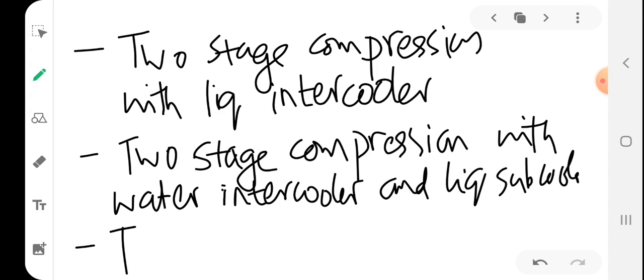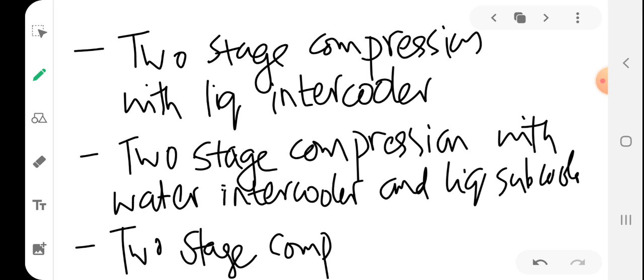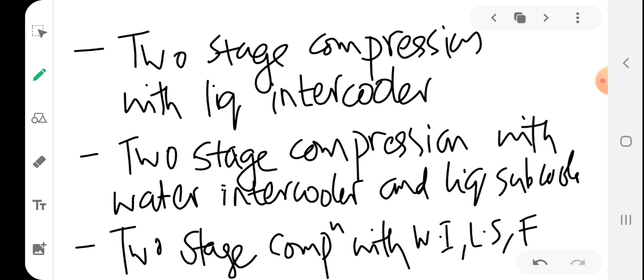And the third one was important: two-stage compression with water intercooler, liquid subcooler, and what was that? Flash gas removal, flash chamber, right?